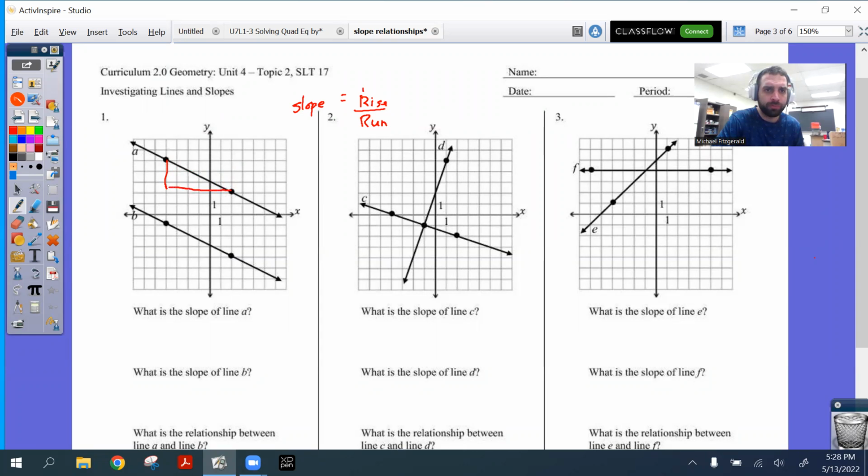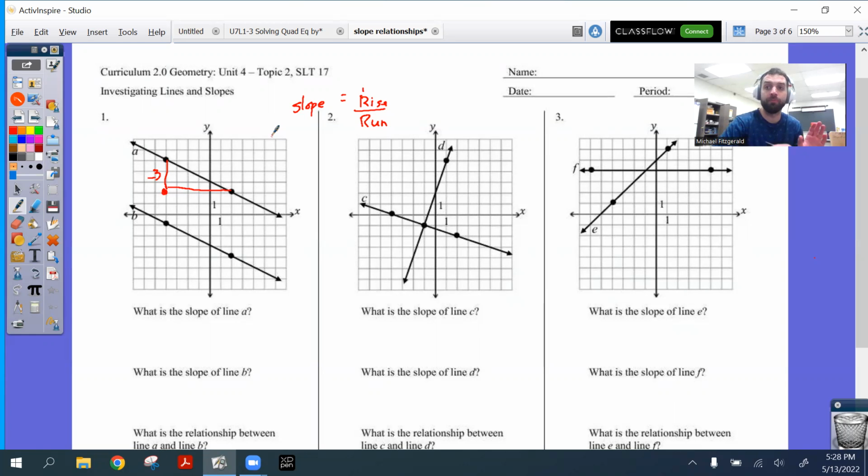From these 2 points, we can see this is how much it goes down. It goes down by 3. So we're going to say it goes down, when it's saying what is the slope of line A. And it decreases by 3, we're going to say, oh, this is -3. Since we're always going to the right, we want to make sure we properly label our increase or decrease in height appropriately.